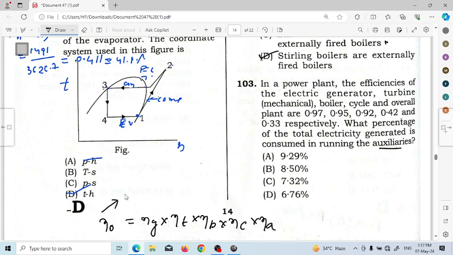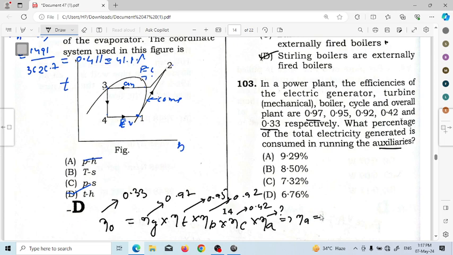So overall efficiency is given as 0.33, efficiency of generator 0.97, efficiency of turbine 0.95, efficiency of boiler 0.92, and efficiency of cycle 0.42. And we have to calculate efficiency of auxiliary. So efficiency of auxiliary is the only unknown.